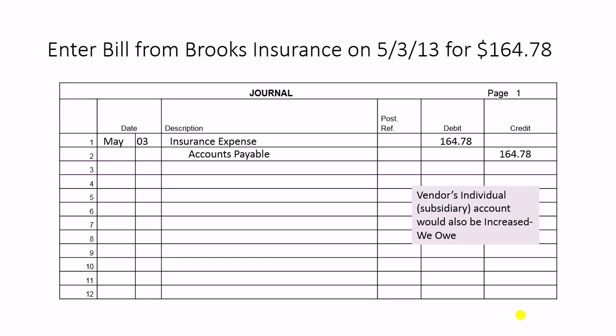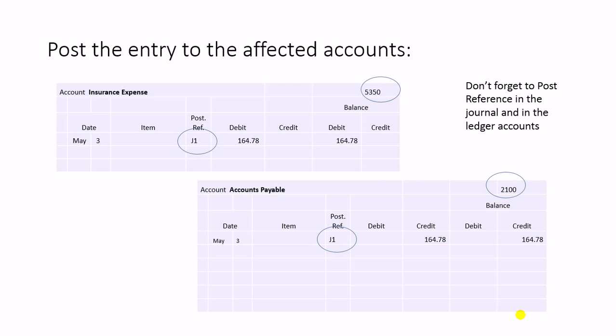Now we would go and post to these two individual accounts in the general ledger. The insurance expense account, we would date it, we would put the post reference, which is journal page 1, and we would debit the account. Debiting the account would increase the account because it's an expense and it had no prior balance, so the account balance is now $164.78 in the debit column.